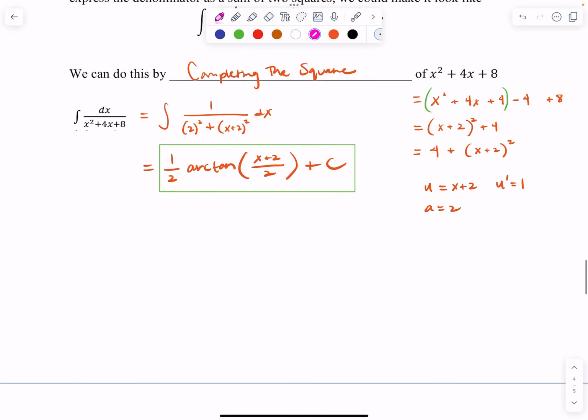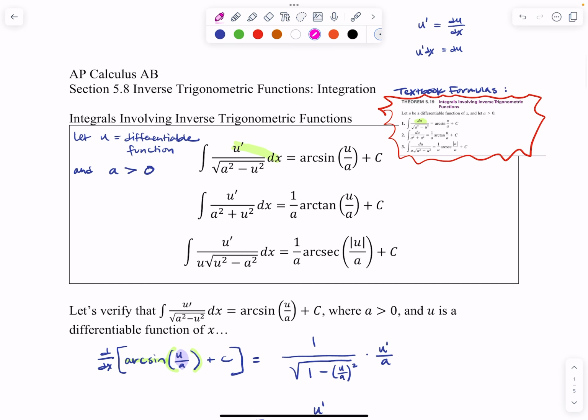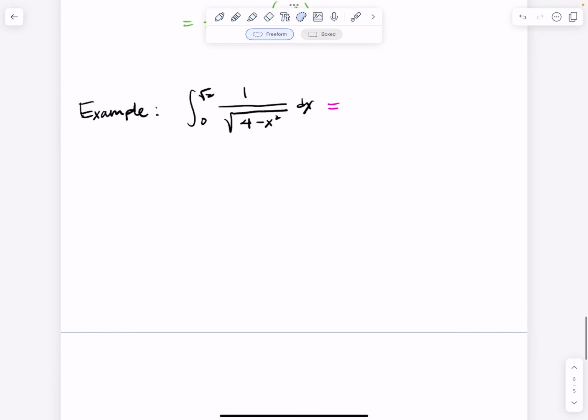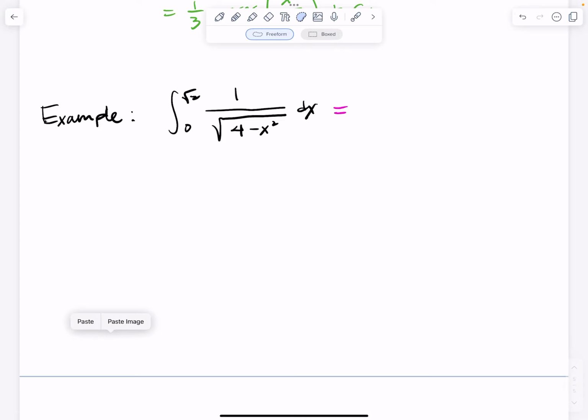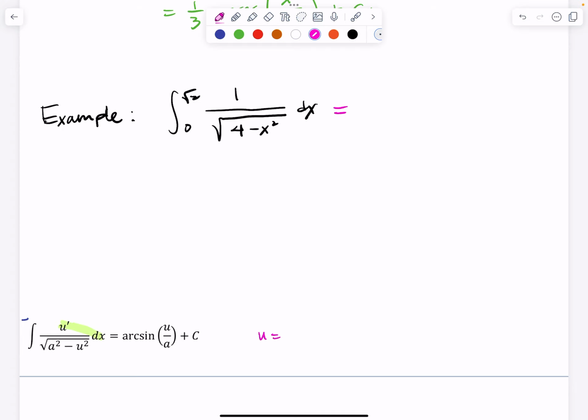So if I come back to reference our arc sine formula, put it down here. Okay, so if we're referencing our arc sine formula, we would see that u would be x, u prime would be 1, so that's good, and a would be 2.